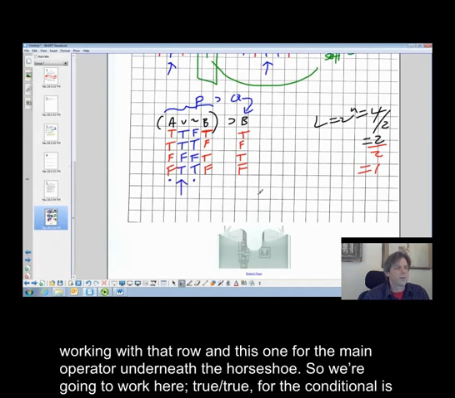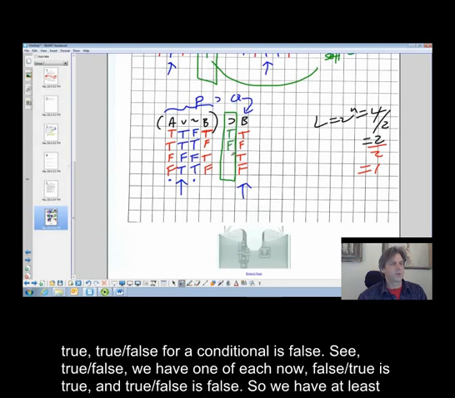So we're going to be working with that row and this one for the main operator underneath the horseshoe. Okay, so we're going to work here. True, true for the conditional is true. True, false for a conditional is false. See?